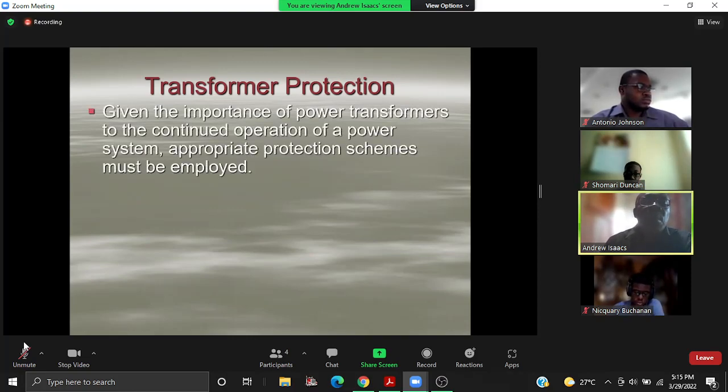So, we're talking about your transformer. And we know the purpose of a transformer. A transformer is simply there to connect two systems of different voltage levels. That's its real purpose. It also helps to isolate the network, in terms of separating the network, right? And this is done by use of the different windings.